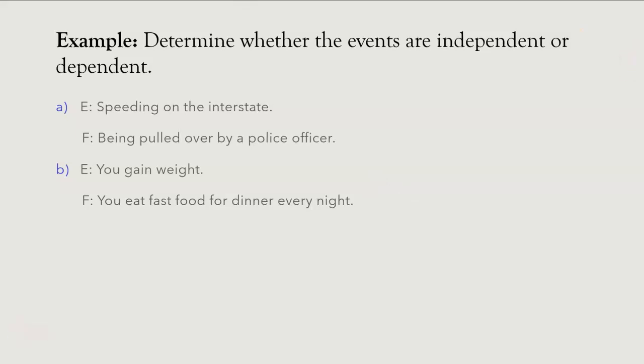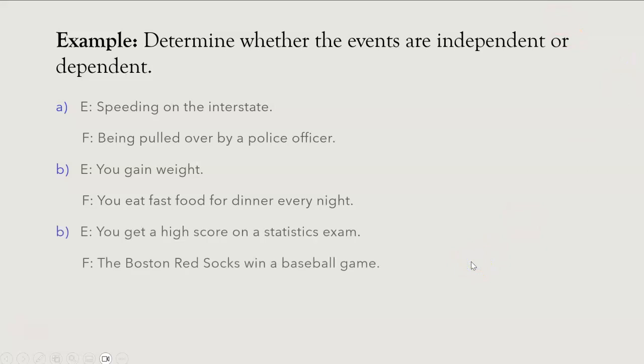All right, and then we're going to look at one last example. The first event, and that should be C, not B right here, but event E is a high score on a statistics exam, and event F is the Boston Red Sox win a baseball game. So will the probability of this event happening affect the probability of this event happening? And as you can see, these have totally nothing to do with each other.